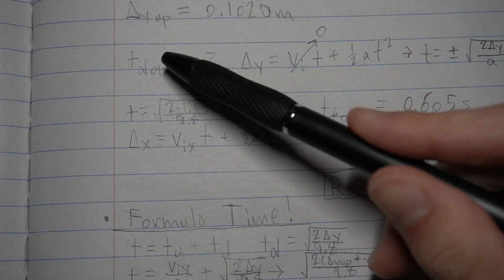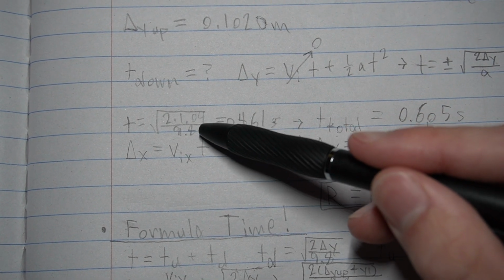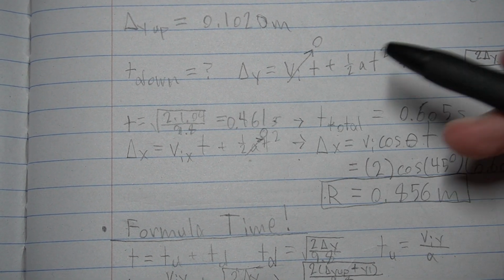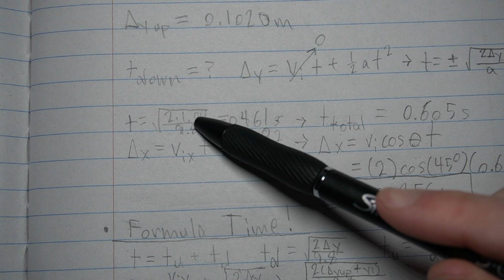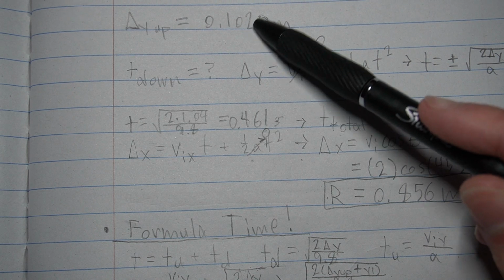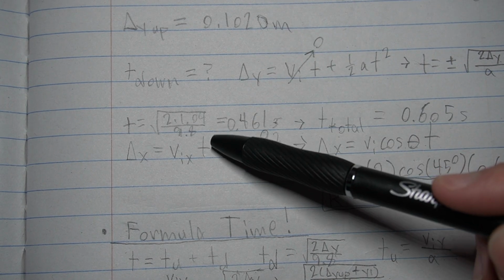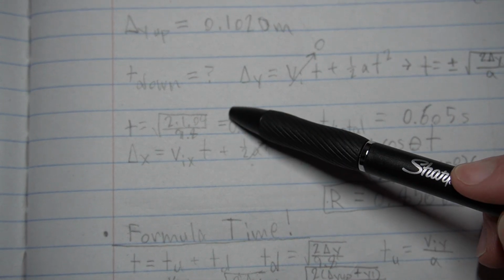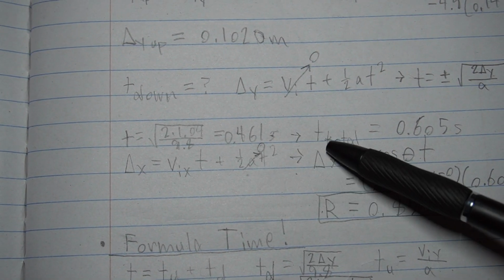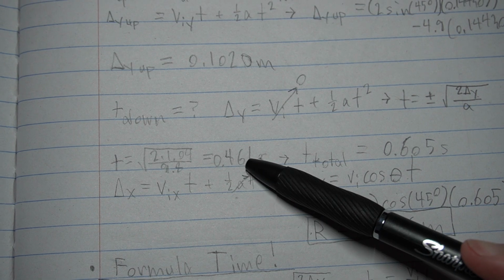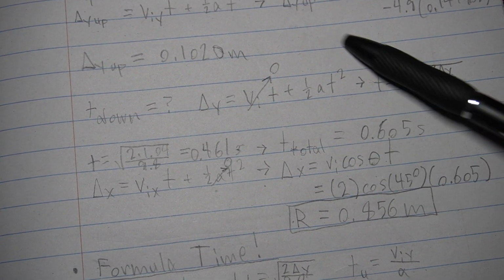And then you can actually solve for t, where we use the delta y up plus y1. So 2 times that, divide by 9.8, take the square root. And then you get t down, so you can add t up plus t down to get the t total, time total.